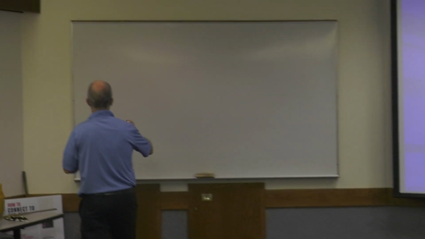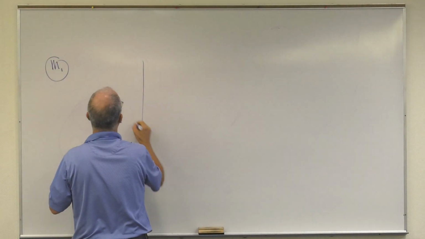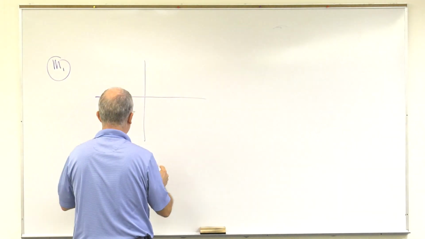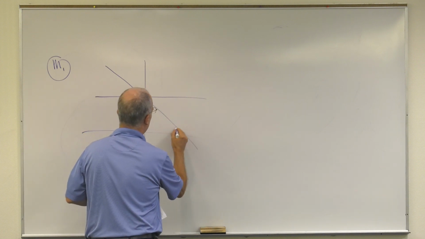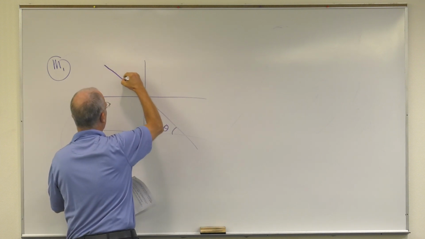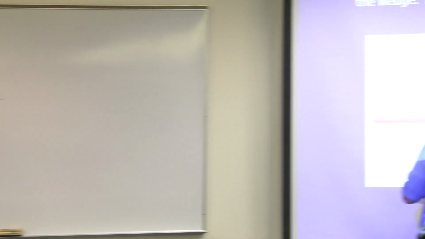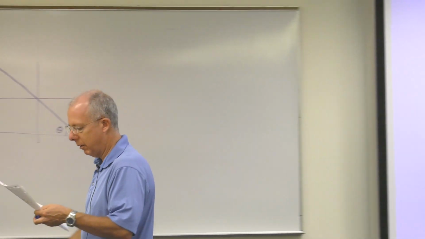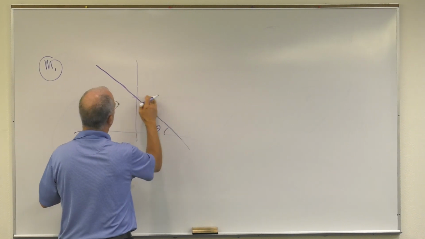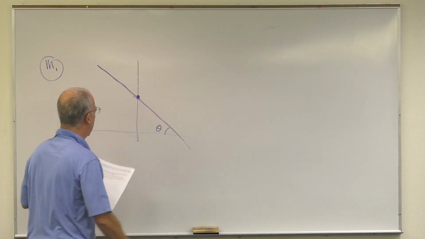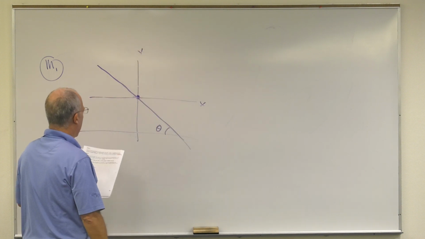So let's start with M1. What are the forces acting on M1? Let's say this is the slant, so that is this surface right here. Here's the object, and this is the axis, so here's X and Y. What do we have?